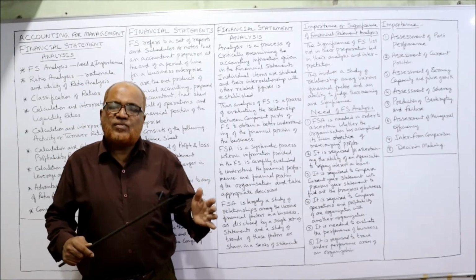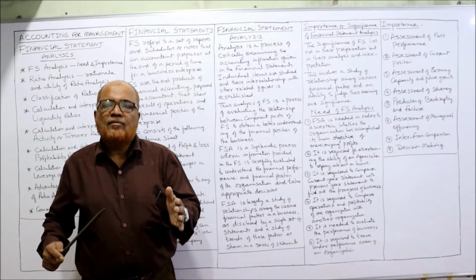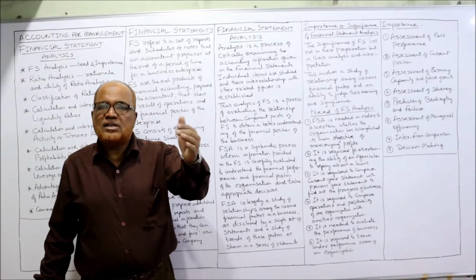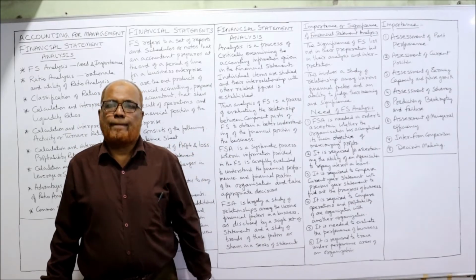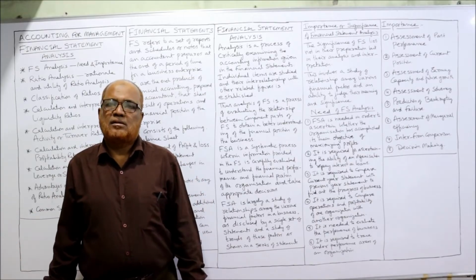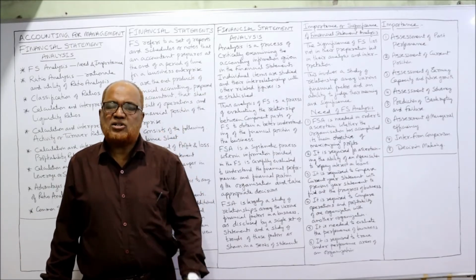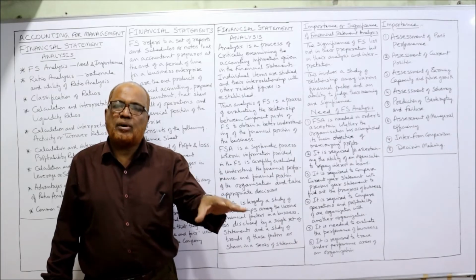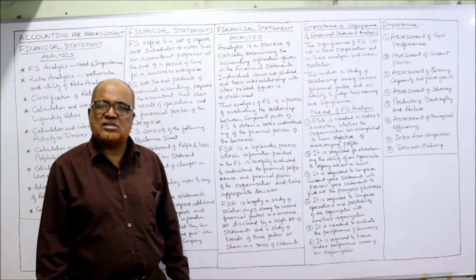So by making this financial statement analysis, we can ascertain whether our objective is being achieved or not. What is the profitability rate of the business? Are we achieving the target or not? So with the help of financial statement analysis, we can ascertain whether our objective is achieved or not.